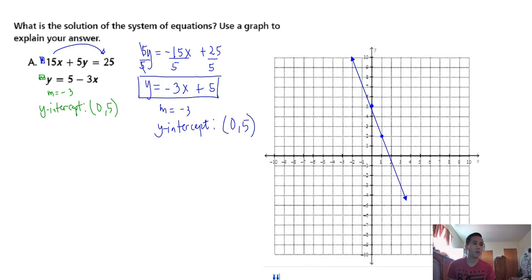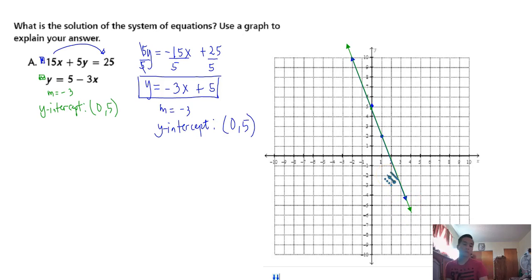Then I go with the green. I'm going to the same (0, 5), it's here, and then it's here. So it's the same. If I draw a line, this is also the line.